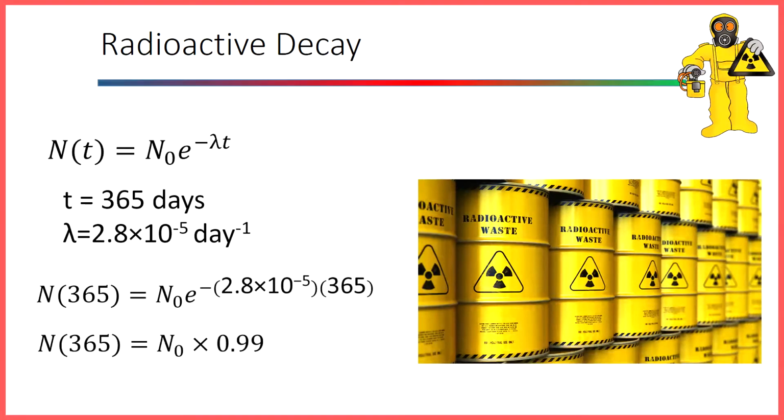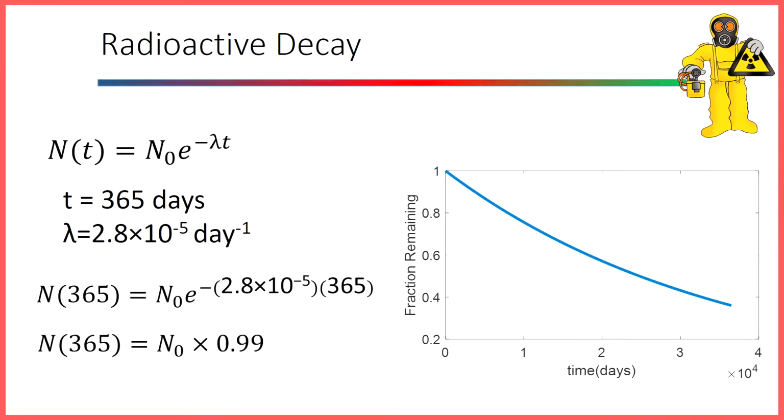We can also, of course, graph this function to see how the amount of uranium-232 will change even further into the future. This graph shows us the fraction of the radioactive material that remains as a function of time in days.